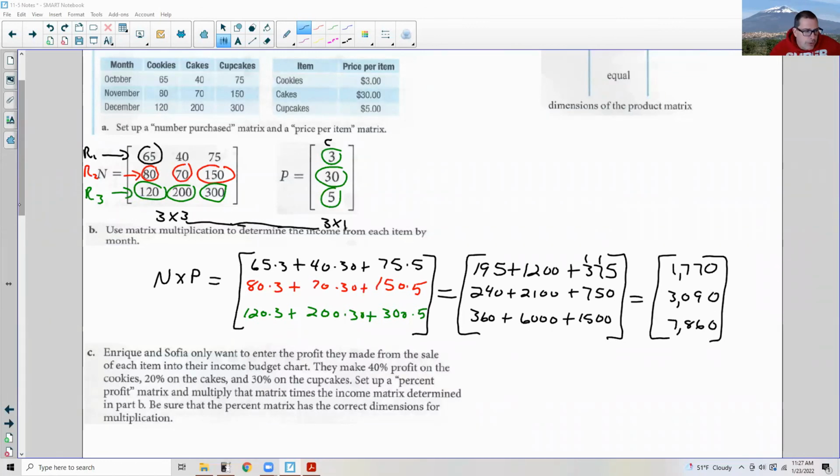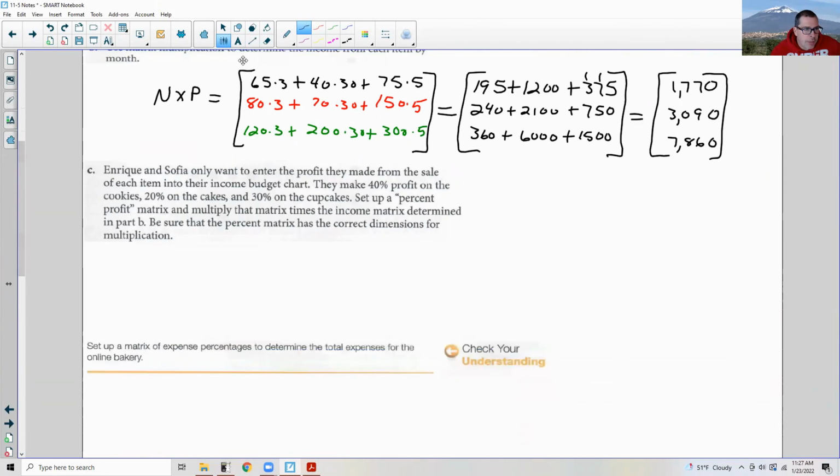Okay, so what I want to do for part C is set up a matrix. All right, and we can call it P. Let's just call it P for profit. So the profit matrix, or the percent matrix, I guess, would equal 40%, 20%, and 30%, in parentheses.